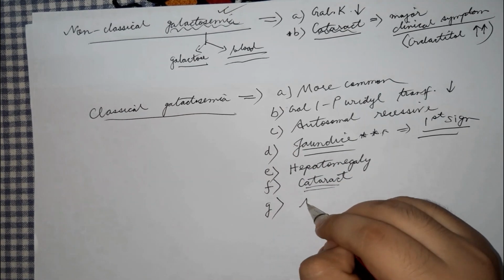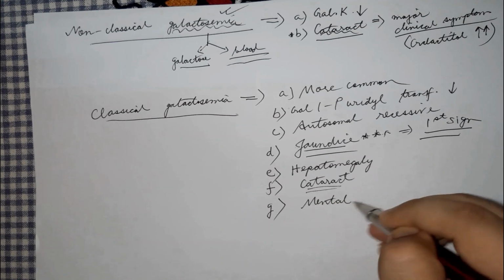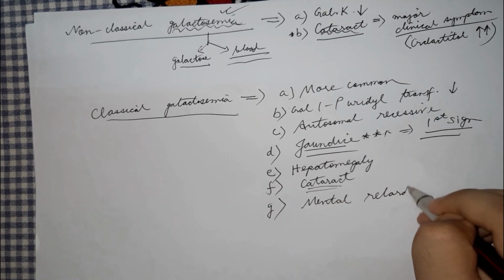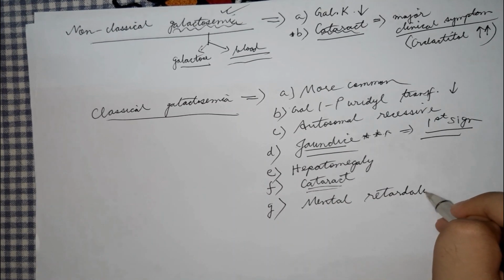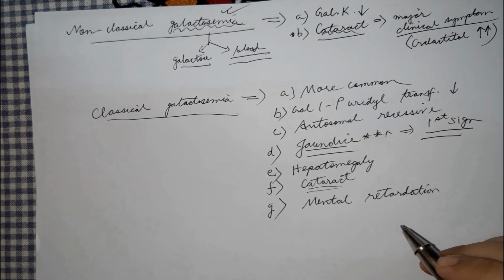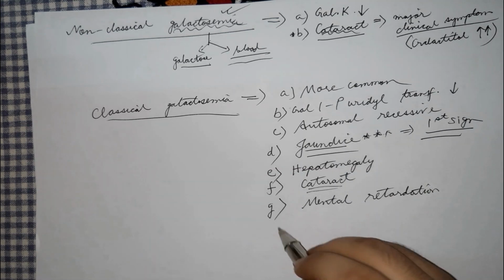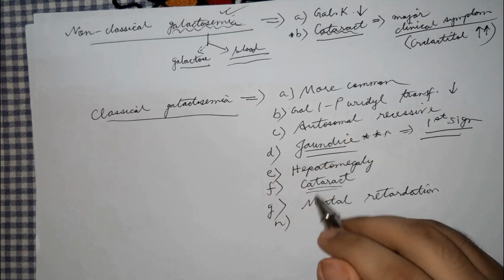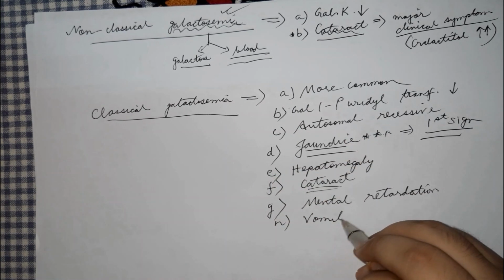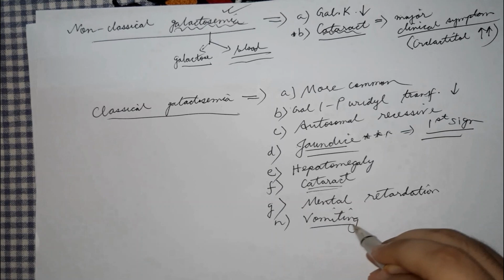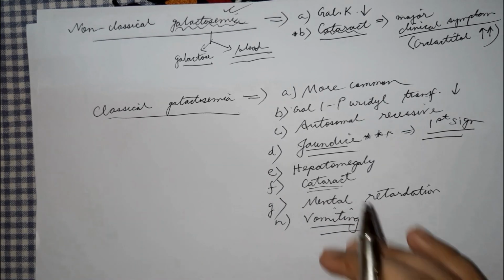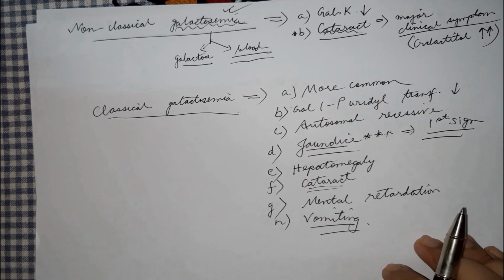Okay, next is mental retardation. Mental retardation also may occur, right? And we obviously have physical symptoms like vomiting, seizures, etc. Right? So these are the symptoms which we see.